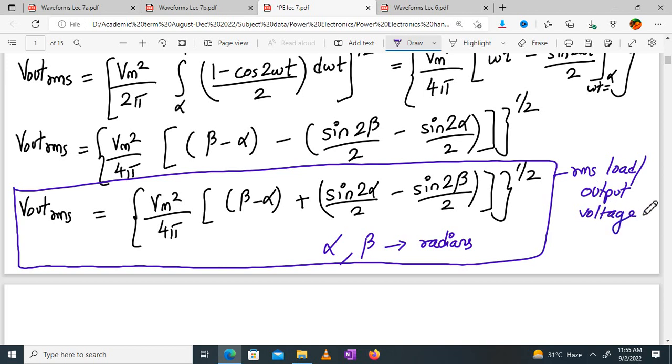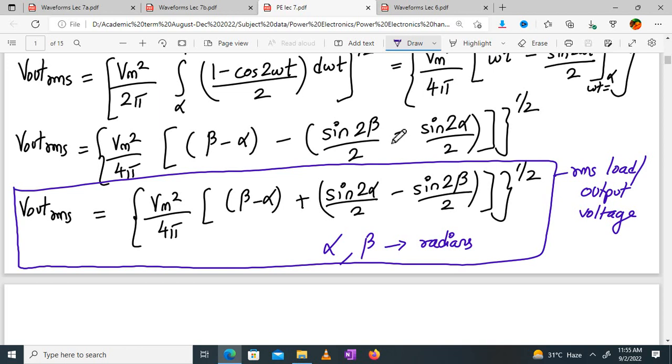Okay? Now, there is another small parameter which we should know. Completed up till now? Let me save the file. Yeah. Completed? Some people are still writing.